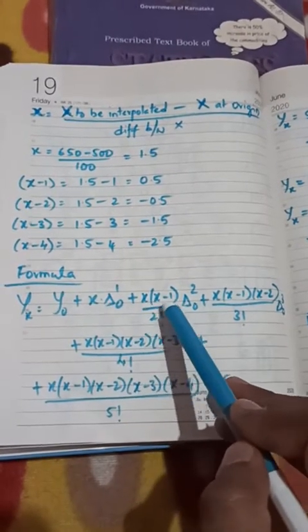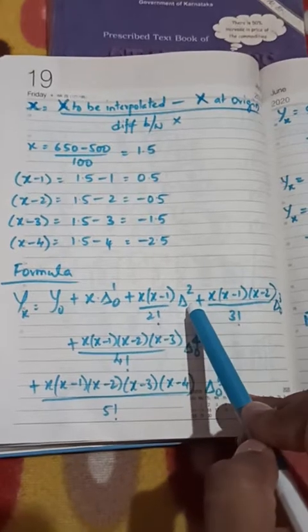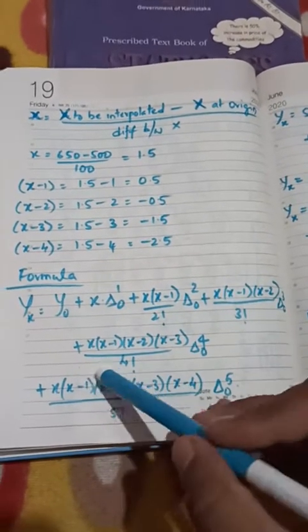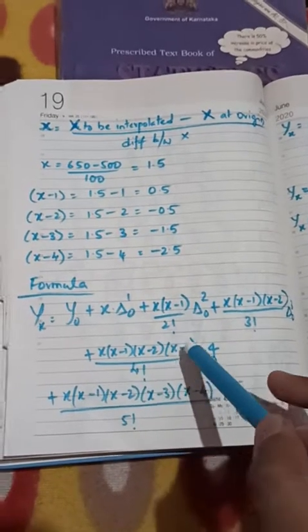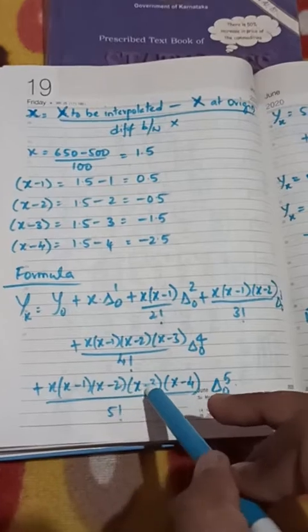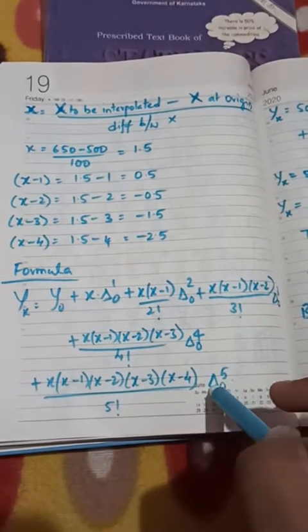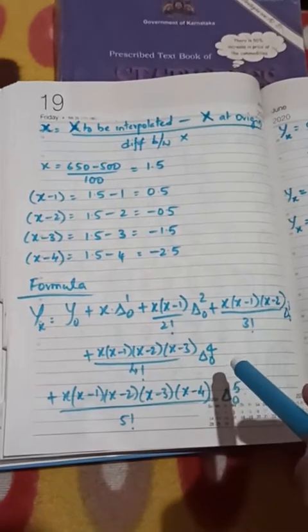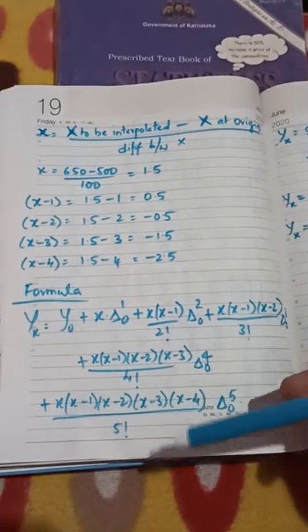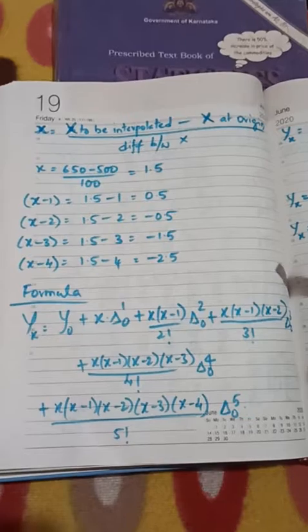Next, plus x into x minus 1 by 2 factorial into delta naught 2, plus x minus 1, x minus 2 by 3 factorial delta naught 3, plus x minus 1, x minus 2, x minus 3 by 4 factorial delta naught 4, plus x minus 1, x minus 2, x minus 3, x minus 4 by 5 factorial delta naught 5. Because the leading difference has gone up to the fifth, since 6 values are known, you obtain 5 leading differences.